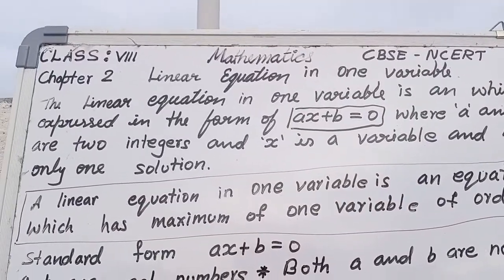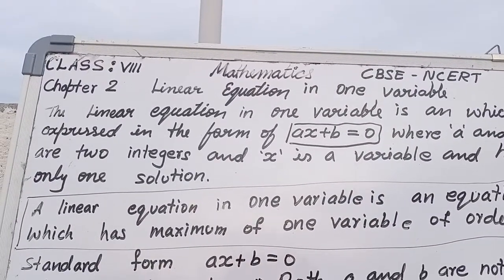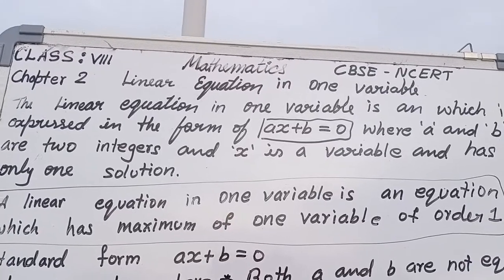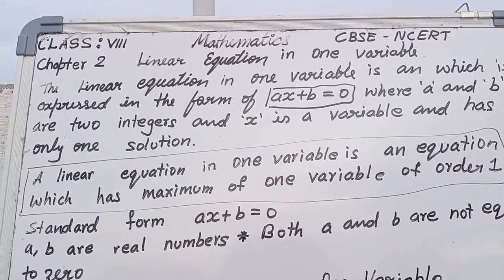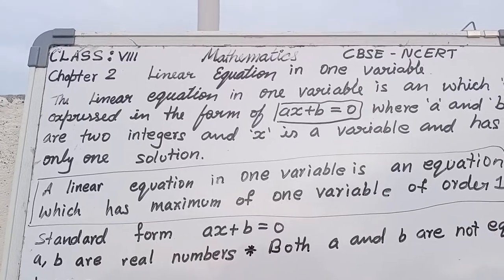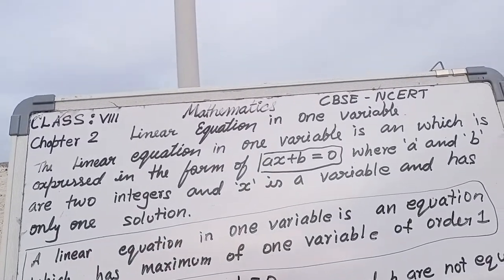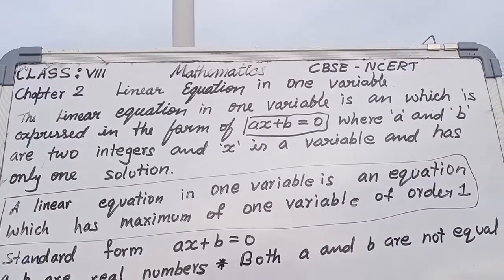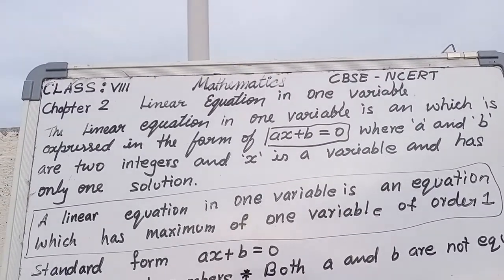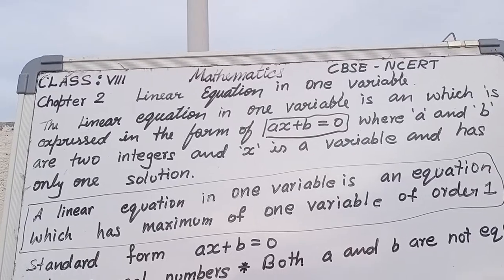So this is the standard form for the linear equation, that is ax plus b is equal to 0. a and b are real numbers, integers, and a will never be equal to 0.